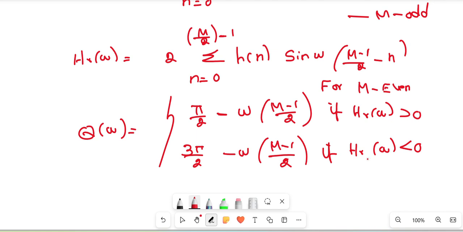So, all these general frequency response formulas can be used to design linear phase FIR filters with symmetric and antisymmetric conditions.